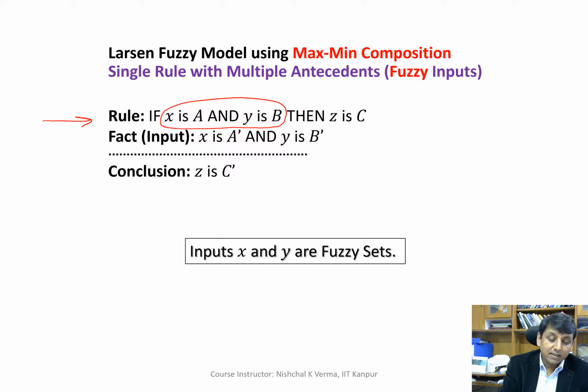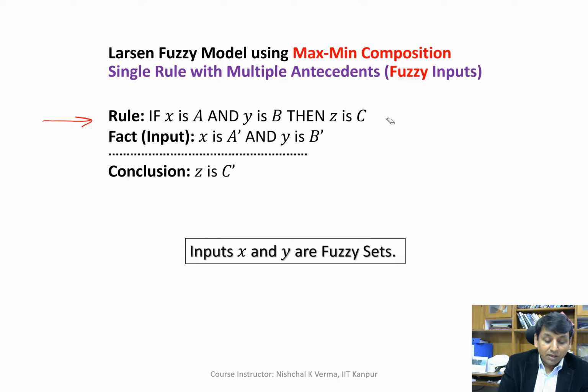So this kind of fuzzy rule will look like this: if x is a and y is b, then z is c. This is our premise part, and this is our consequent part. So we have in the premise part two antecedents, as I have mentioned.